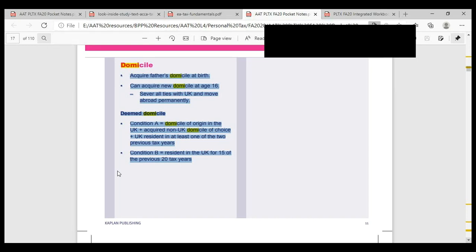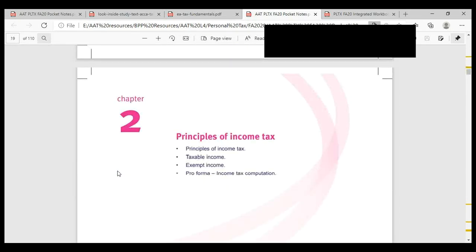But for other days different rules apply. That's why we need to go through the domicile rules, because some people have inherited income in another country. Technically, if you're a dual national living in this country and you have a property in another country, you have to declare it in your return.